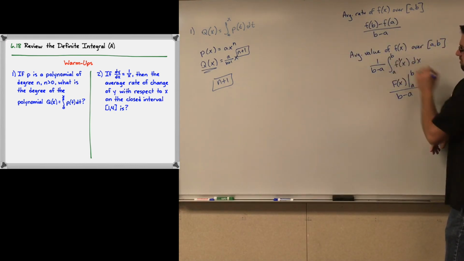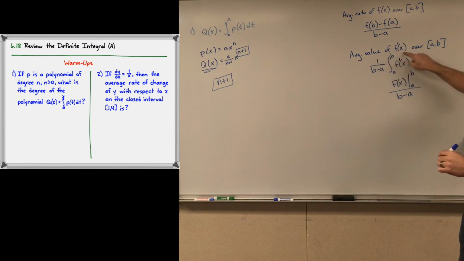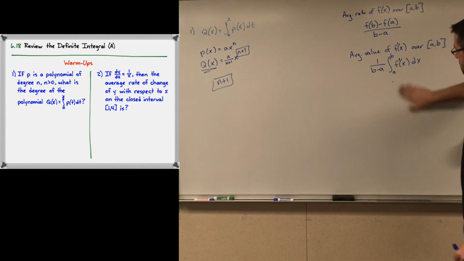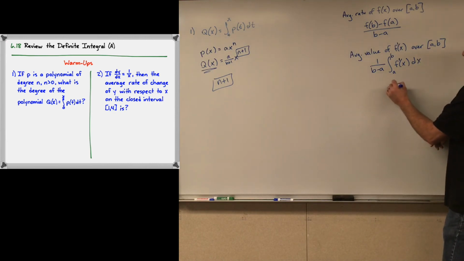If I put a little prime there, if I want the average value of f prime over a to b, then it would look like this: 1 over b minus a times the integral from a to b of f prime of x dx. Well, that's important because when I go to evaluate this, what is the antiderivative of f prime? The antiderivative of f prime is f of x evaluated from a to b.